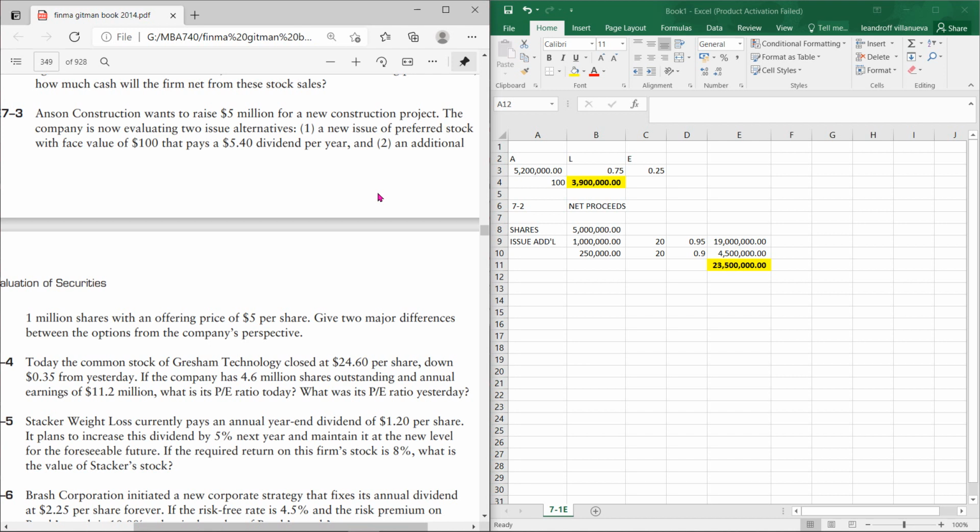Unlike the other one, because the second is an additional 1 million shares. So, this will be related to your common stock. Right? So, what are the major differences between the options? Of course, one has voting power and the other has no voting power.